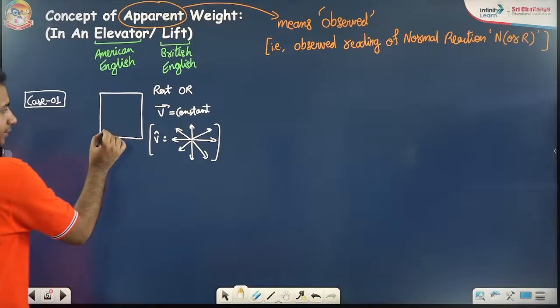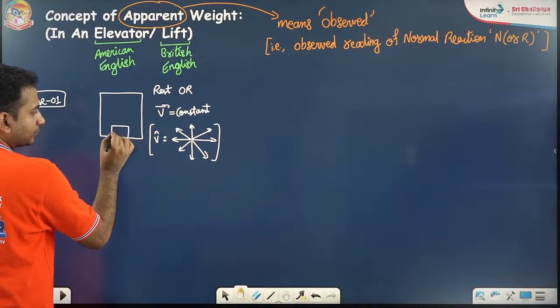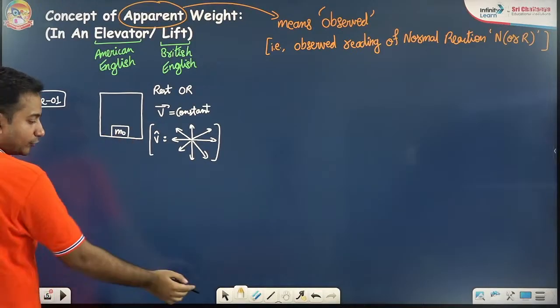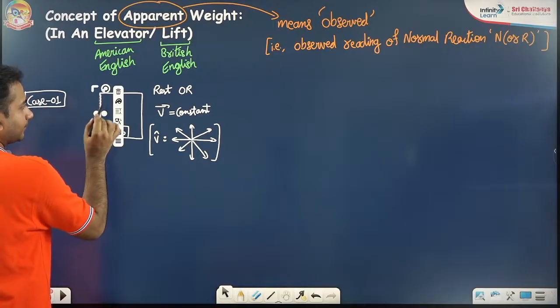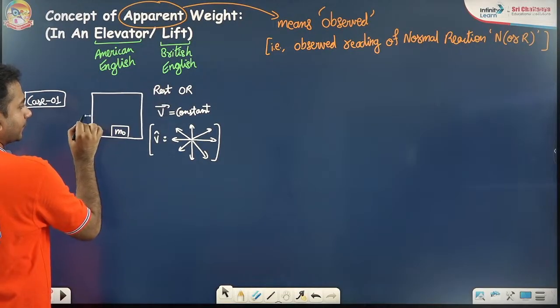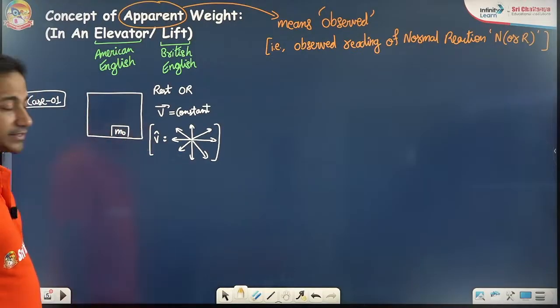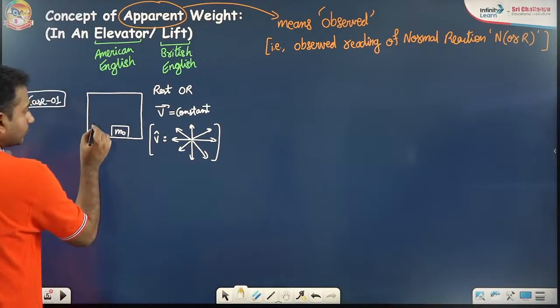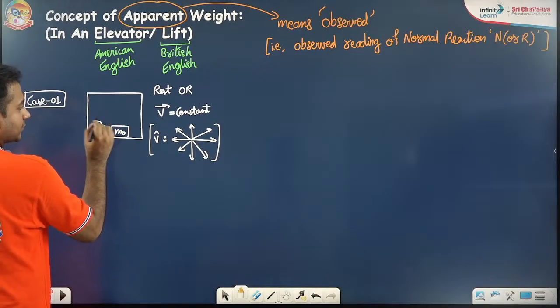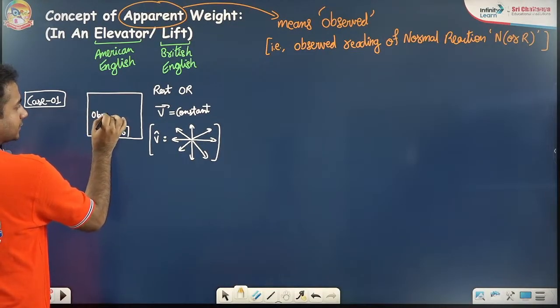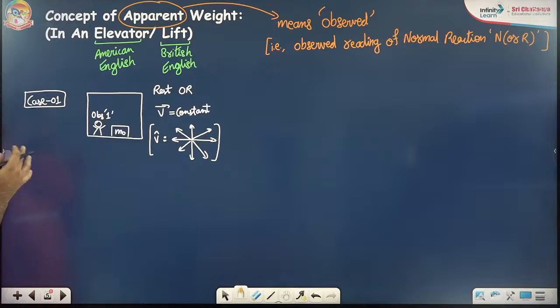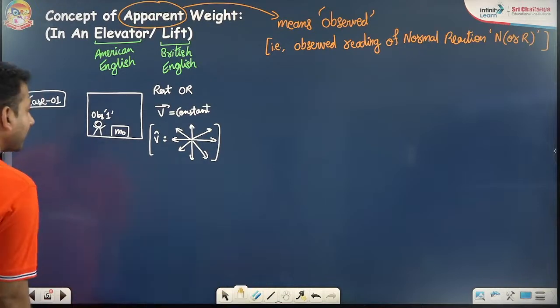That is the situation. There is an m0 mass object and I want to observe it and see how many forces are acting on it. So there are two observers. One is the observer inside the elevator, just seeing the block kept there.